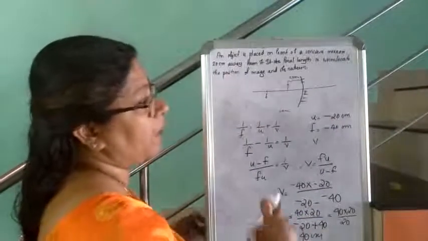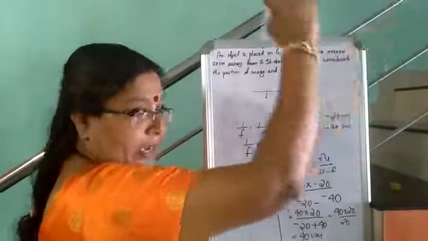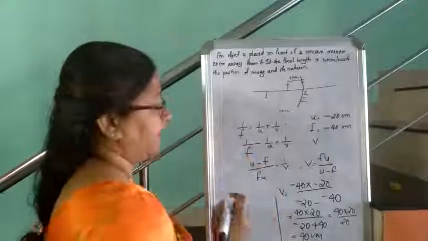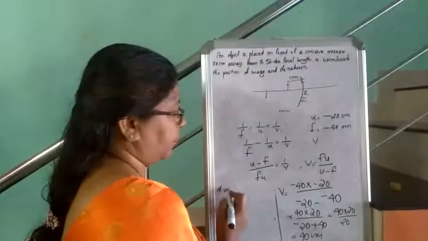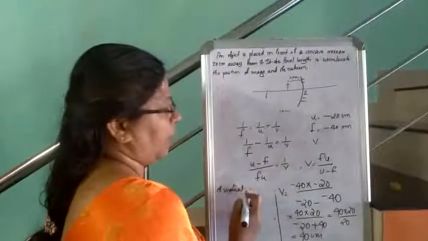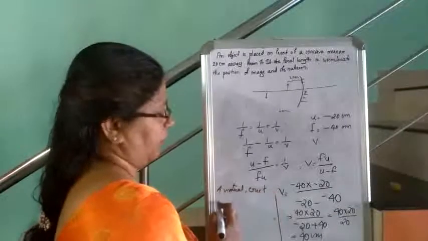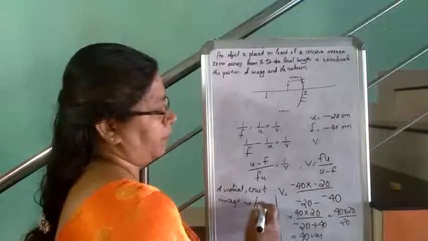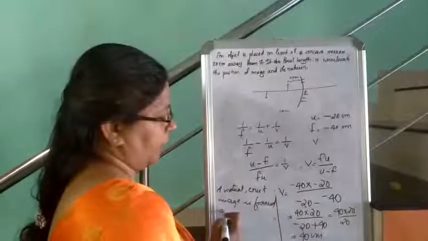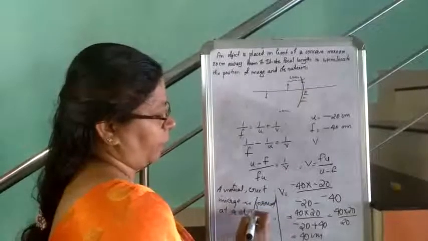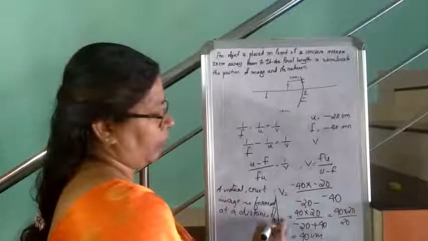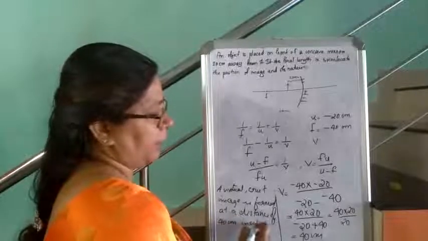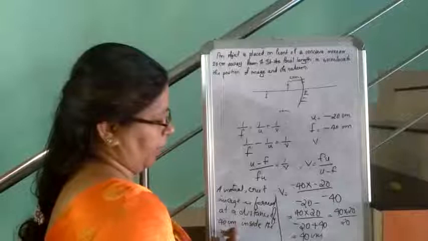Since image is formed at a distance of 40 centimeter inside the mirror, you can write it as a refined answer: a virtual erect image is formed at a distance of 40 centimeter inside the mirror.